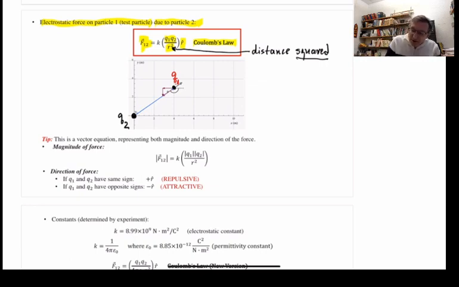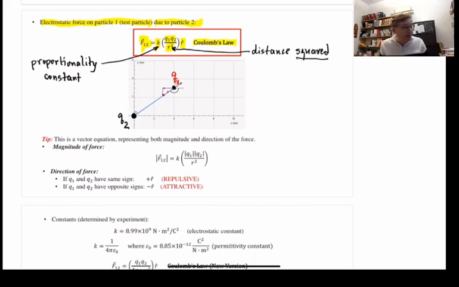And then there is just a proportionality constant right there, denoted right now with the symbol K. K just stands for a constant. You can think of that as a proportionality constant. That K, and I'll give you the value of it in a moment.